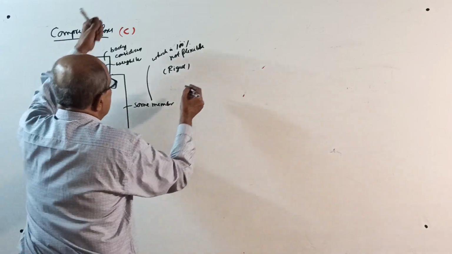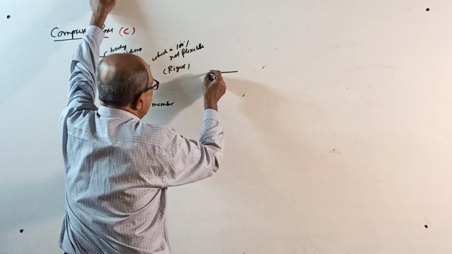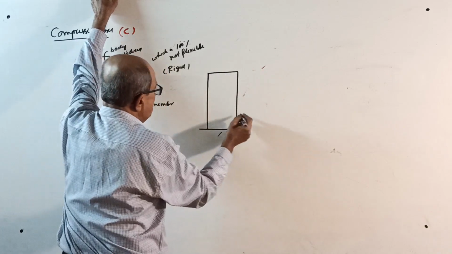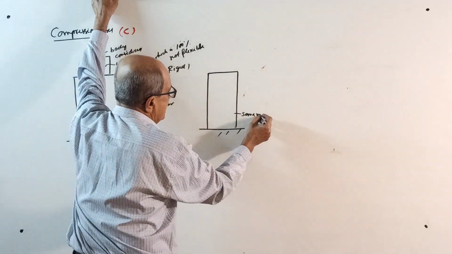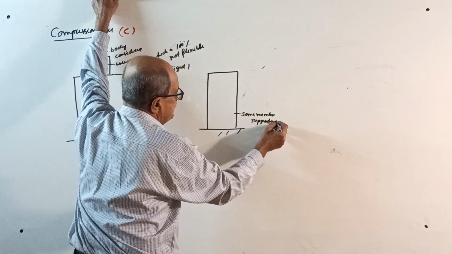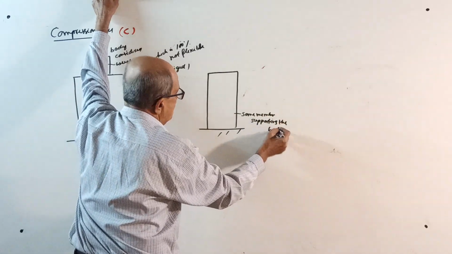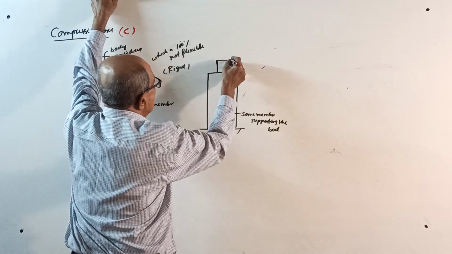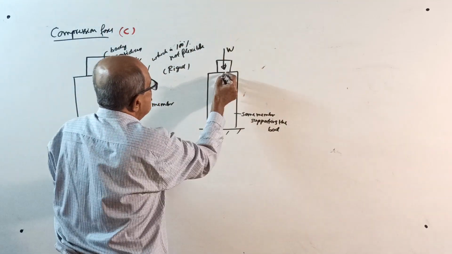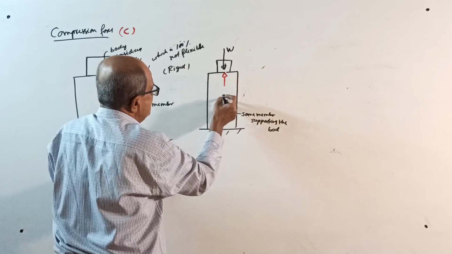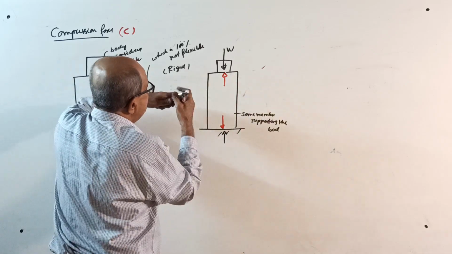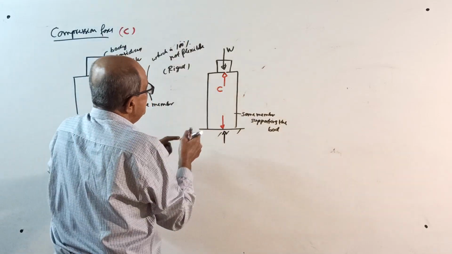So now, how is the action? If this is the member supporting the body, and this is the weight, this weight will act down and push it down. This will give a reaction like this, some reaction here at the contact point. Now, this is your compression C. This is what you require.